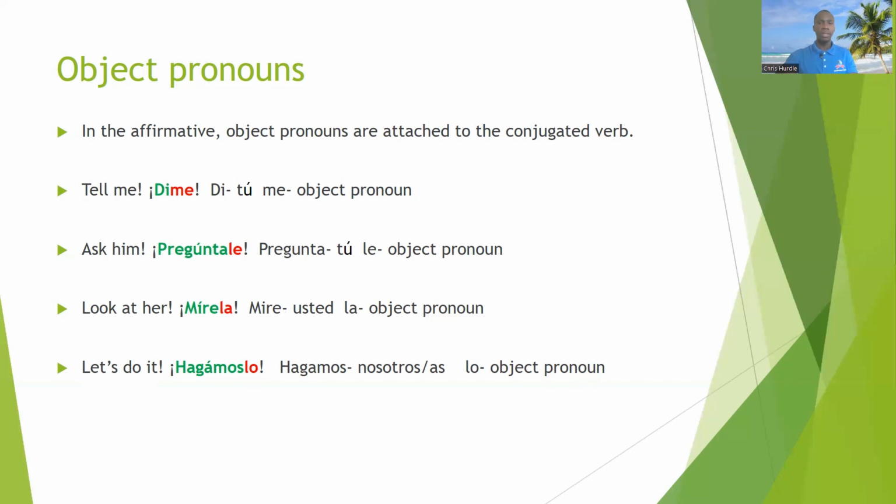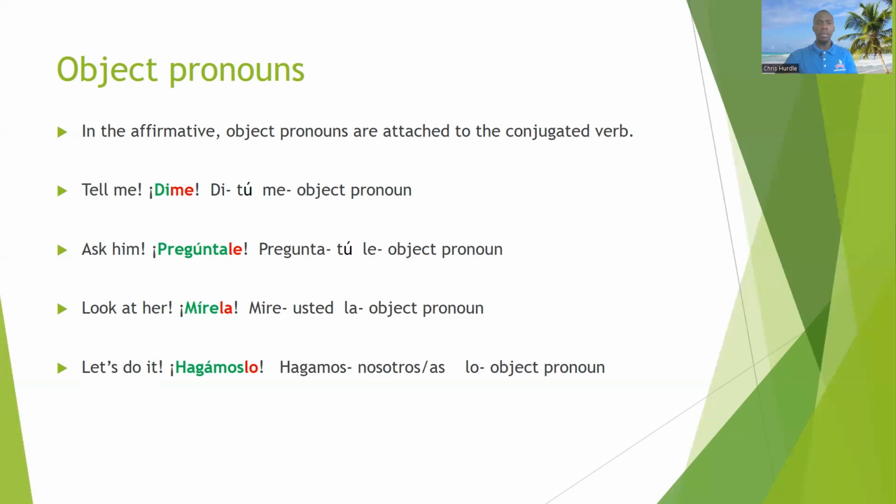Pregunta would be, once again, the tú form because it's a third person singular conjugation, and le would be the object pronoun, and that's indirect. Once again, the direct object would be implied because you have to ask him something. Okay? So pregúntale. And sometimes you will have to add accents depending on the amount of syllables in the word.